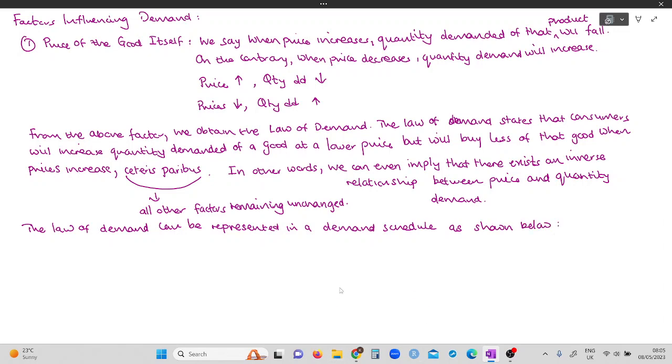D'accord? Allez, prenez ça et puis on va faire le diagram of the demand curve. Okay, you can take a picture or a screenshot, whichever you find better. And then we continue.